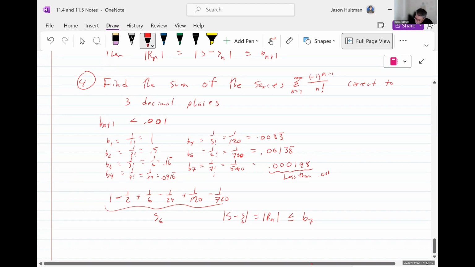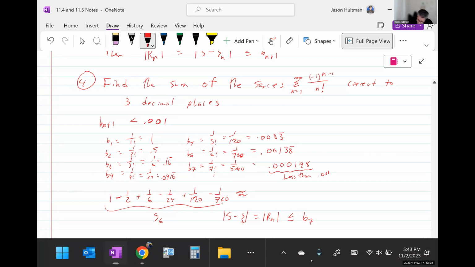So if I go to b7 and it's less than the decimal place accuracy that I want, then I back it out one term to S sub 6, and that is approximately correct to 3 decimal places.